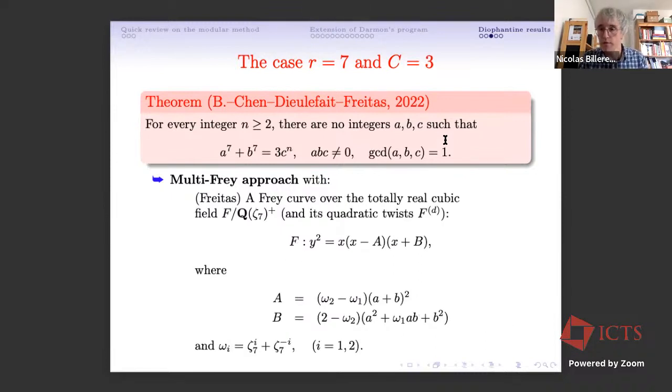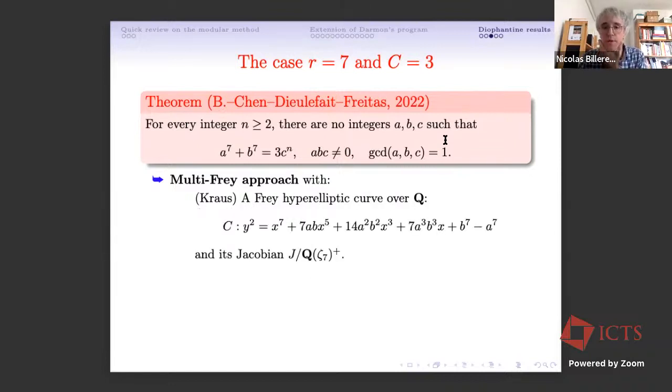There is another elliptic curve, which is this time defined over the field I denoted K before, which is just the maximal totally real subfield of Q(zeta 7), because here R is 7. So it's a totally real cubic field. Again, you have the equation here. It's similar to the classical Frey curve, but it's defined over K, over a number field.